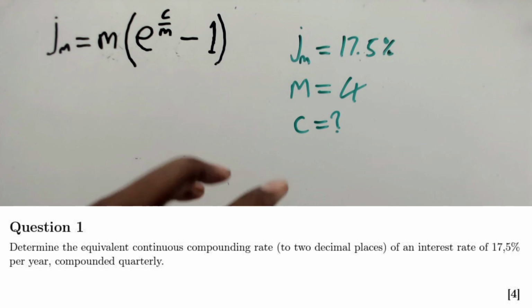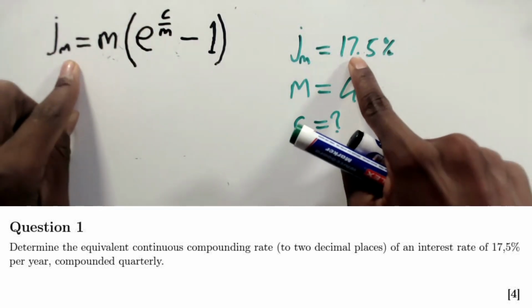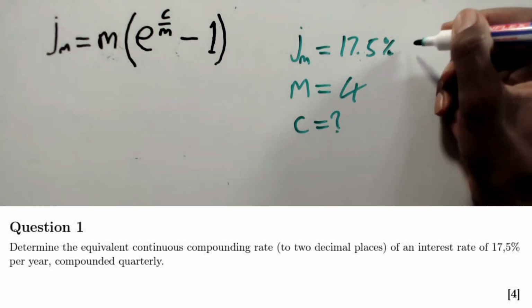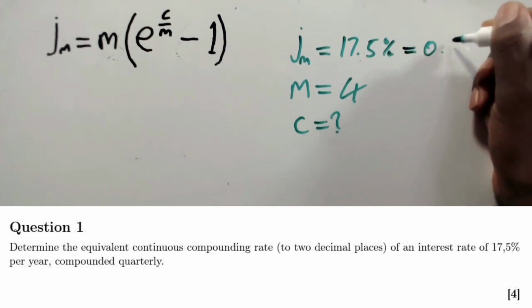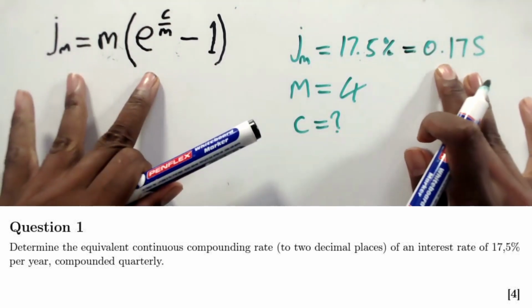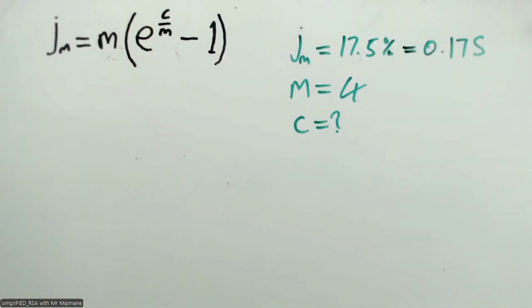You can substitute the values here, but for you to substitute the interest rate, you must first divide it by 100, which gives 0.175. But before you substitute, the best thing to do is to make c the subject of the formula.